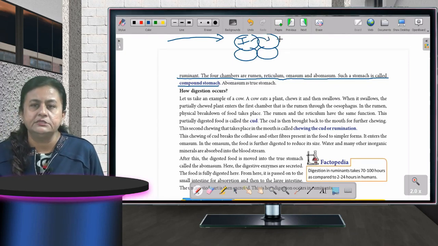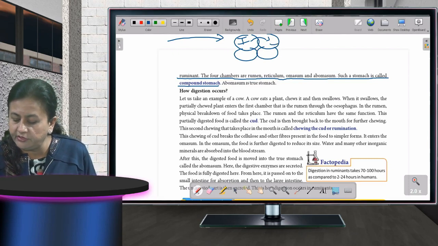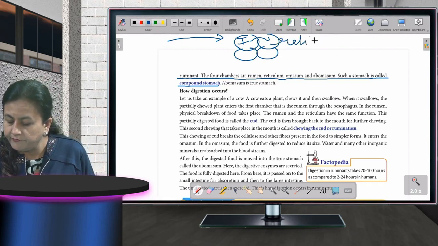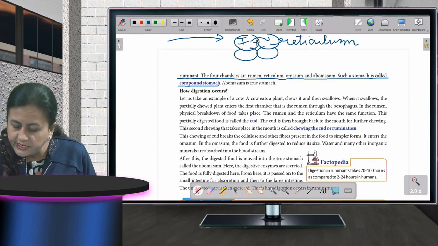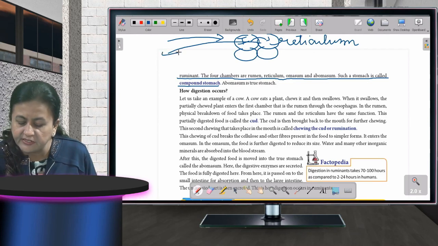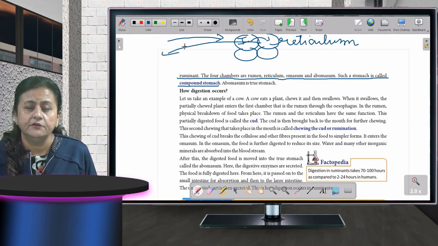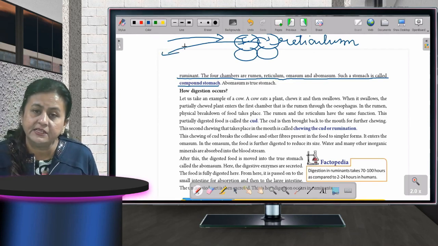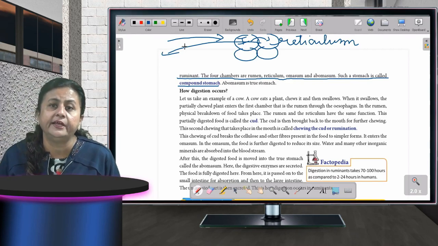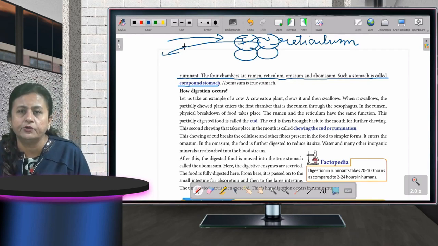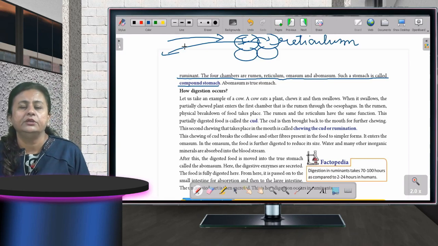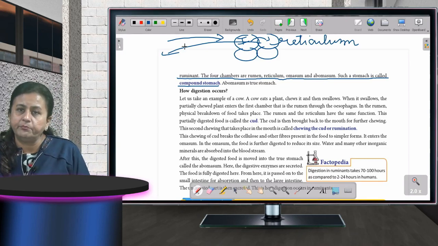Once the animal sits, what is the function of this reticulum? The function of reticulum is to send back this grass which the animal has eaten once again into its mouth, so that it can chew. Okay, it chews over there, and slowly the cellulose starts breaking.